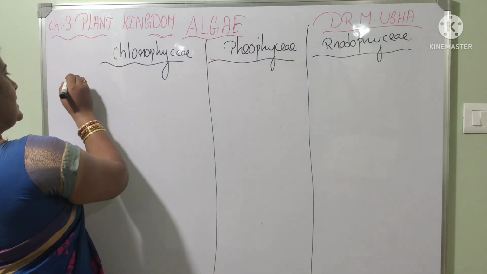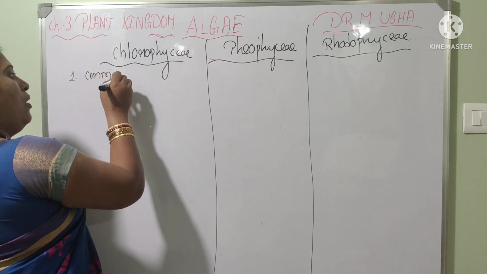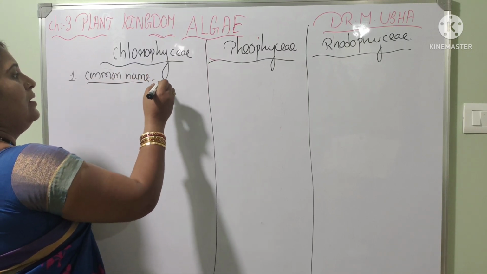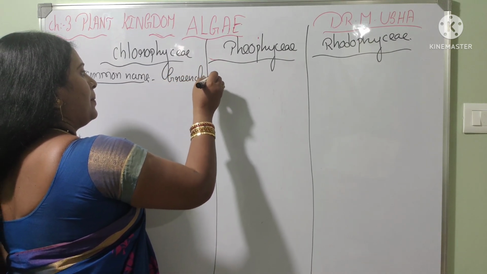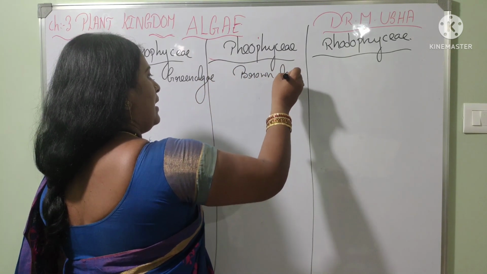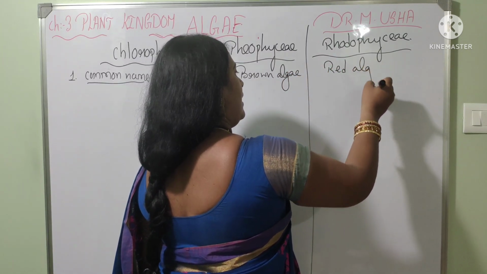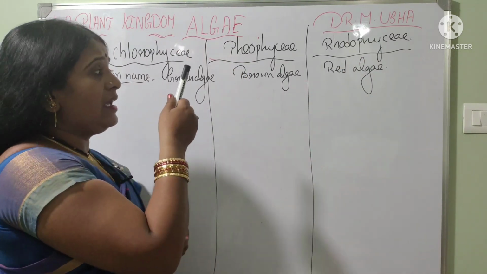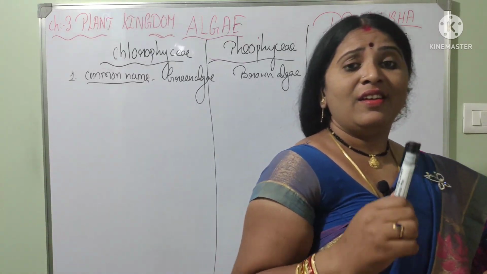First, the common name of chlorophyceae, as a side heading. So this is green algae, it is brown algae and it is red algae. Yes, children, chlorophyceae is green algae, phaeophyceae is brown algae, rhodophyceae is red algae.